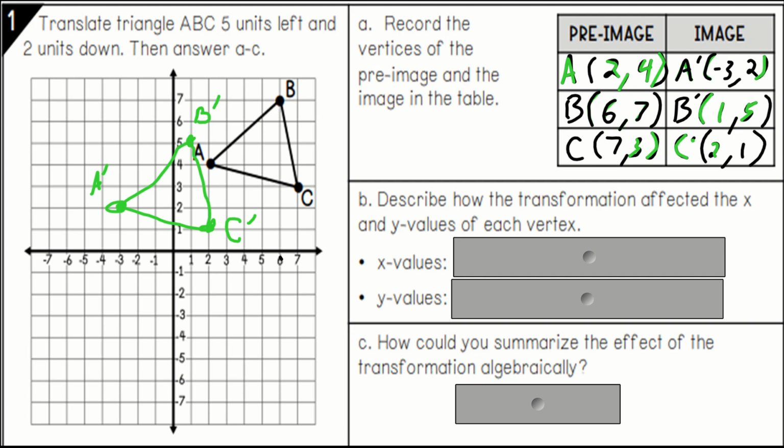Everybody kind of follow on how we got those? Any questions on getting those? All right, let's look specifically at B. B to B prime. What happened to my X values?